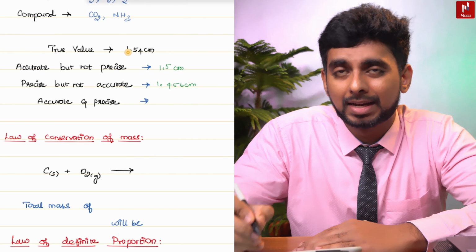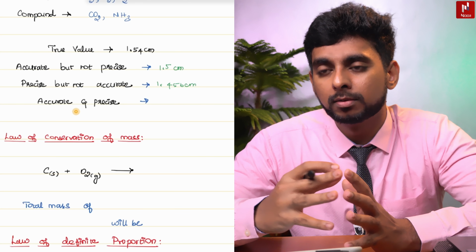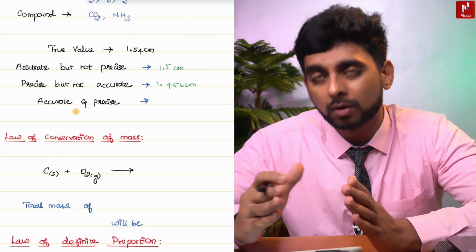Then you have got the next one, which is accurate and precise, which means he has measured the true value correctly up to the same decimal point. Still he measured extra decimal places into it, which means he resolved it to a much greater extent to get the accurate and precise value. The answer could be something of this sort, which is 1.54.